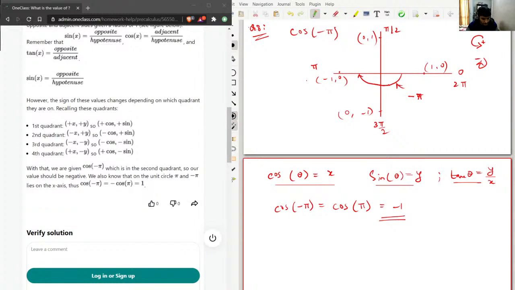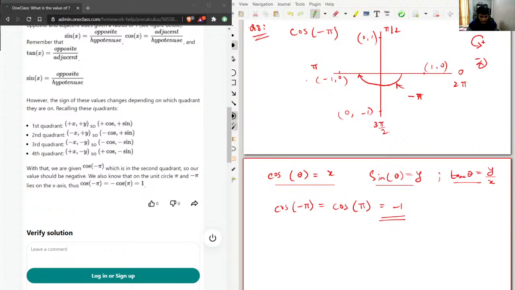Let's just check. We are given cos negative pi, which is in the second quadrant, so our value should be negative. We also know that on the unit circle, pi and minus pi lie on the same x-axis. Thus cosine minus pi is equal to minus of cosine pi.